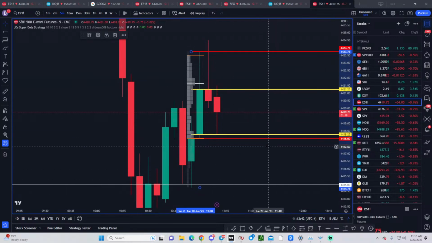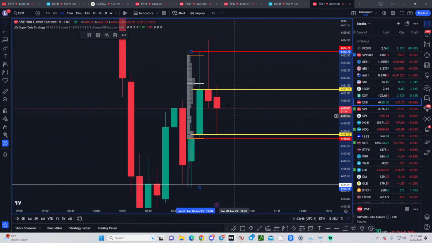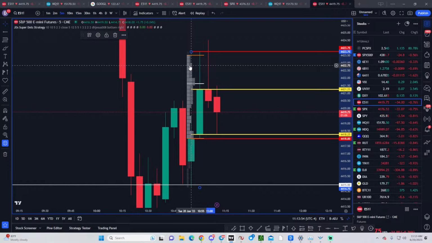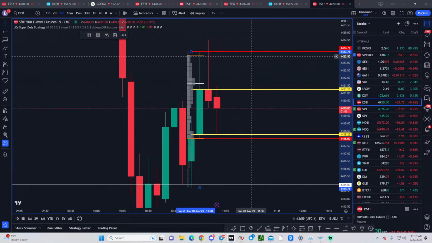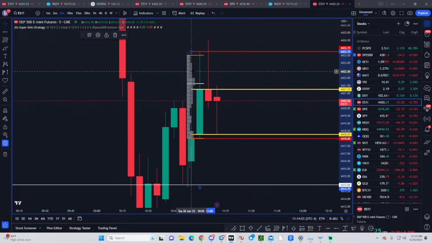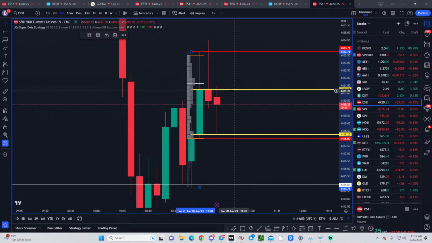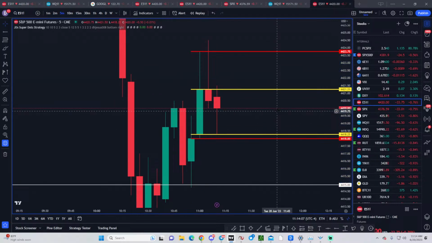I don't want you to get confused with this volume profile or intimidated by it. During my daily plans, I explain this concept so you can understand the application a little better once you see it in practice. A candle also has a value area high, value area low, and a point of control. Point of control is where most of the trading has happened. Those are very important things to remember.